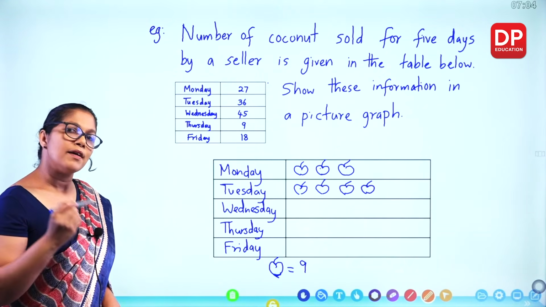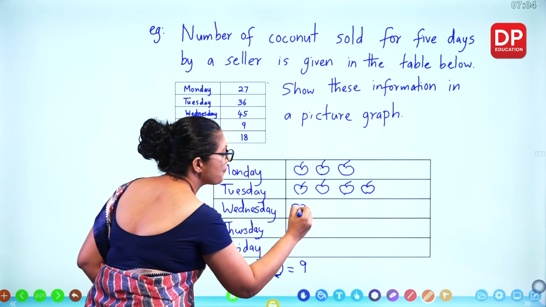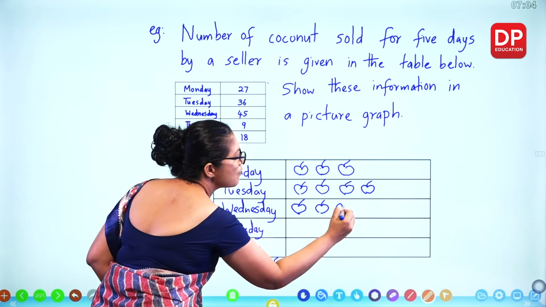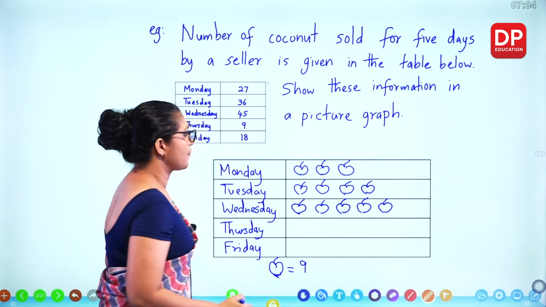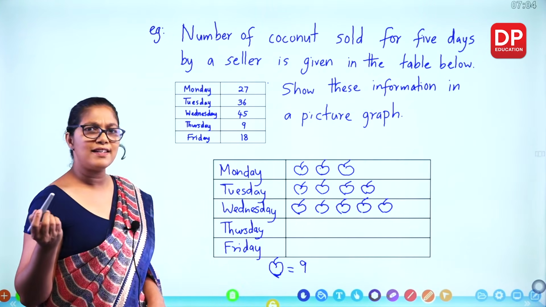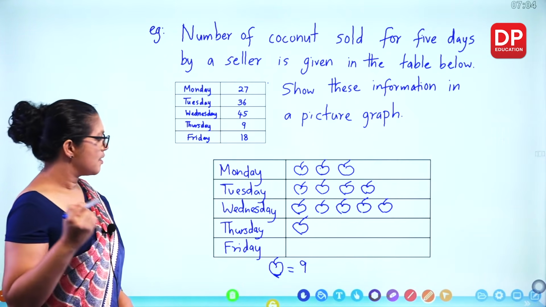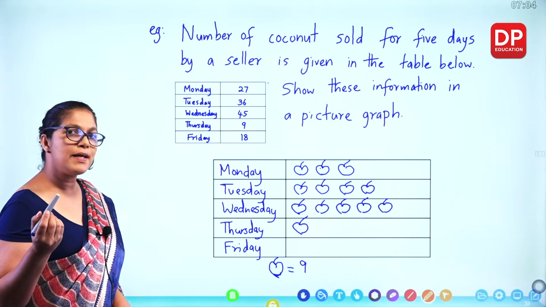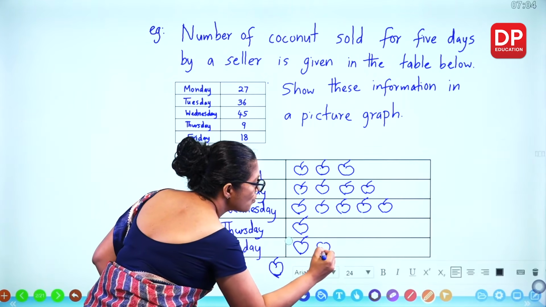What about Wednesday? 45. 9 times 5, 45. So you have to draw 5 coconuts. What about Thursday? 9. Just 1 coconut. What about Friday? 18 means 9 times 2. So you can draw 2 coconuts.